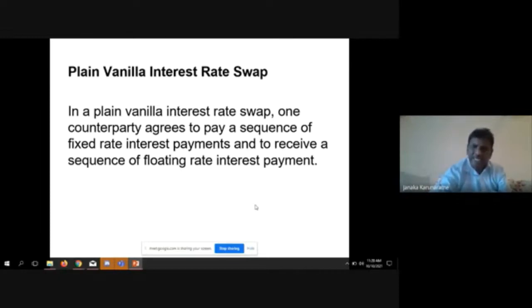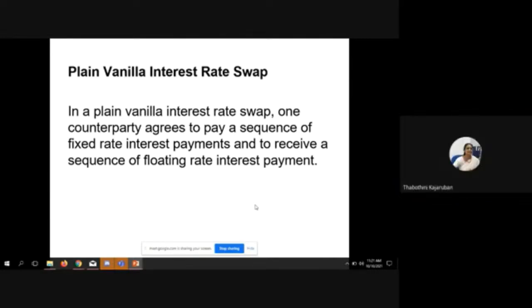So now take a scenario: a bank with floating rate loans and fixed rate deposits. What is the risk to the bank?